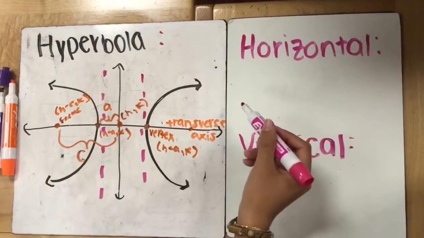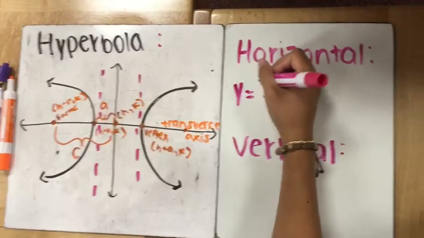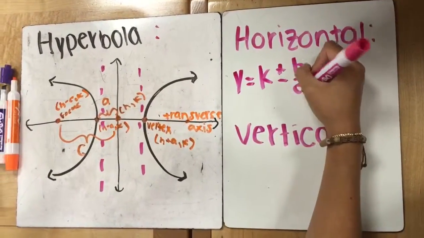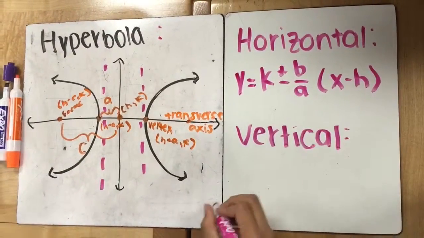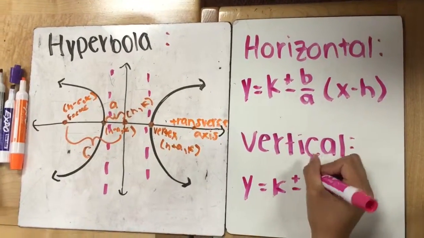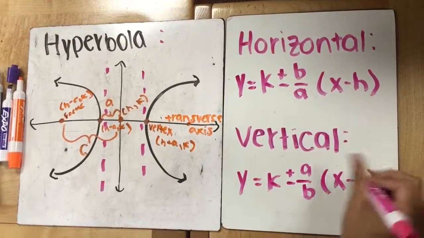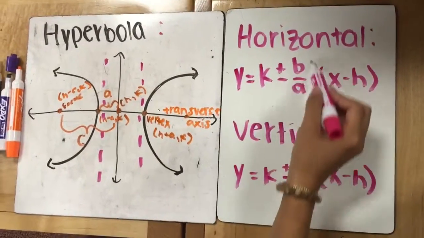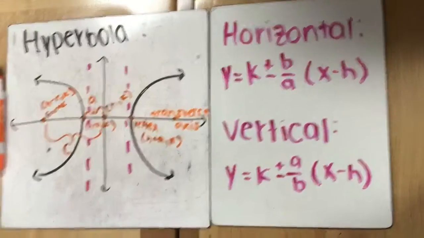The equation for a horizontal hyperbola would be y equals k plus or minus b over a times x minus h, while for vertical it will be y equals k plus or minus a over b times x minus h. They're just different in that here it's a over b and here it's b over a.